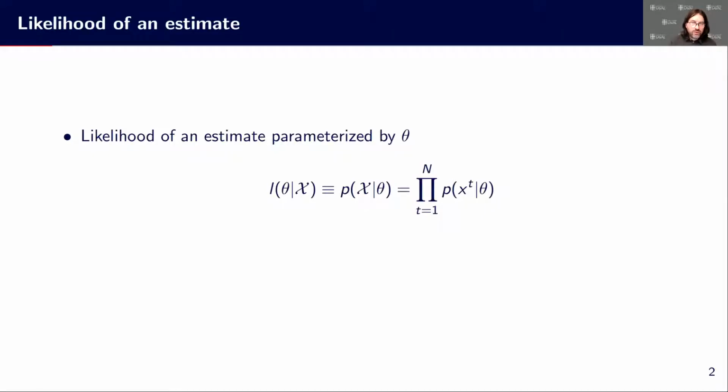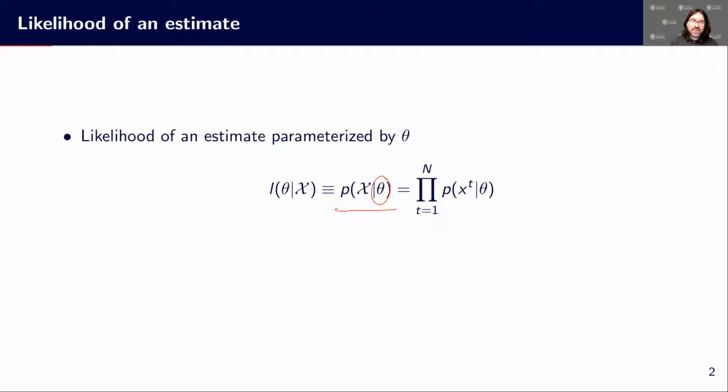And so that likelihood is defined as the likelihood of getting the data set, assuming a parameterization theta. So we have this theta here, which is a parameterization of our model, and we want to look at the likelihood of getting this data set if we have this theta.